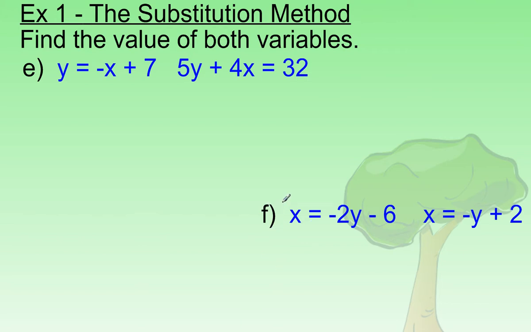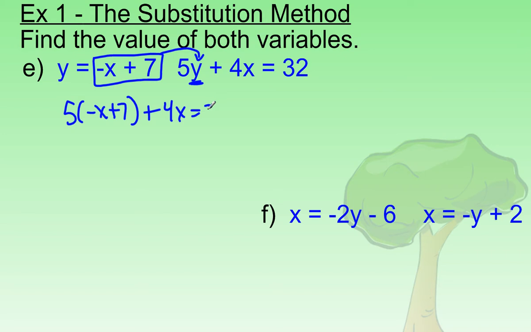Okay, so first one's already solved for y, so I can just take this information and plug it in for y. So that can give me 5 times negative x plus 7, there's the y, plus 4x equals 32. And then we solve our equation for the x.